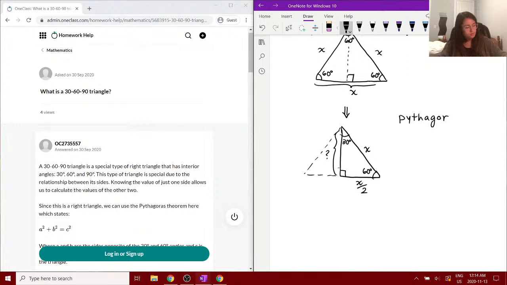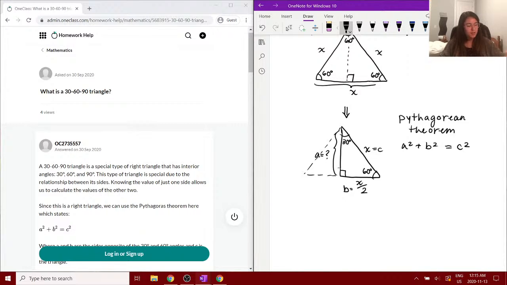Pythagorean theorem states that if we have three sides of a triangle, we have a squared plus b squared is equal to c squared, where we can say that this is c because c always has to be opposite from the right angle, and then you can probably just use whichever you prefer for a and b.